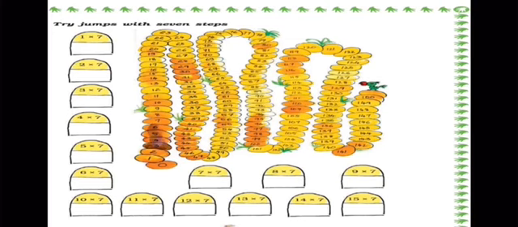Like 7 1s are 7, then 7 2s are 14, 7 3s are 21, 7 4s are 28, 7 5s are 35, 7 6s are 42, 7 7s are 49, 7 8s are 56, 7 9s are 63, 7 10s are 70, 7 11s are 77, 7 12s are 84, 7 13s are 91, 7 14s are 98, 7 15s are 105.